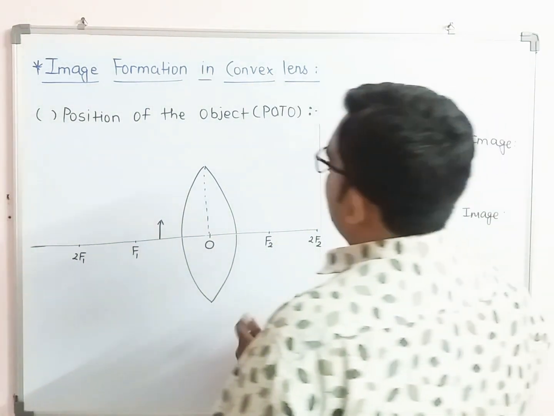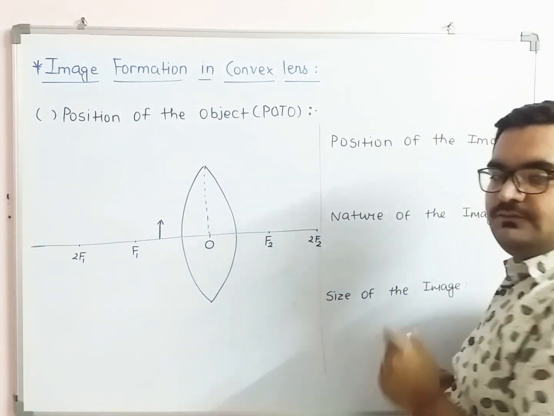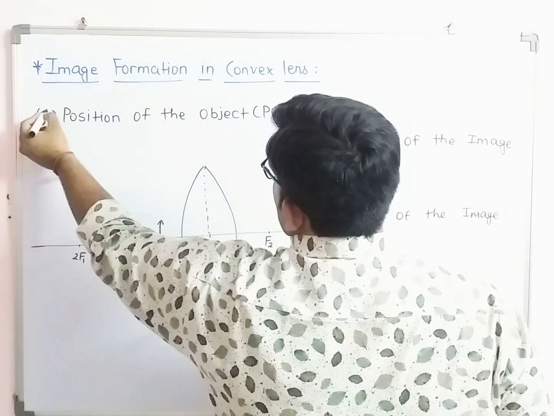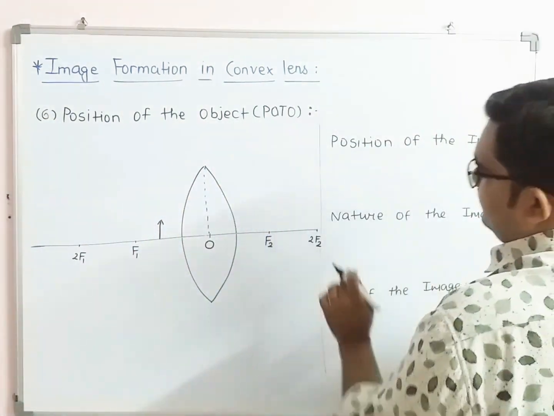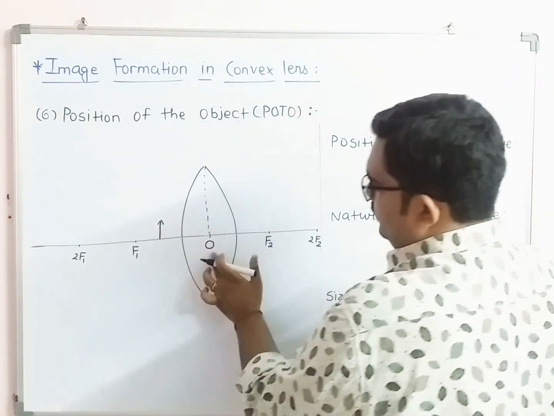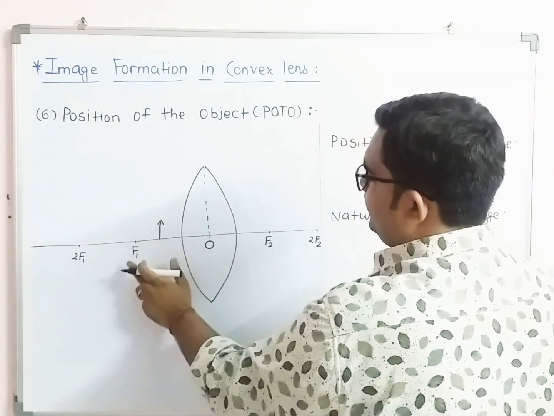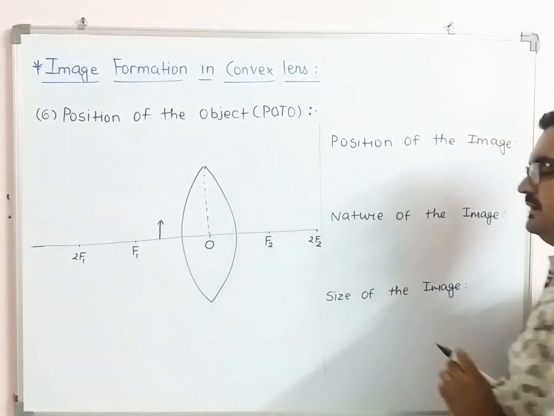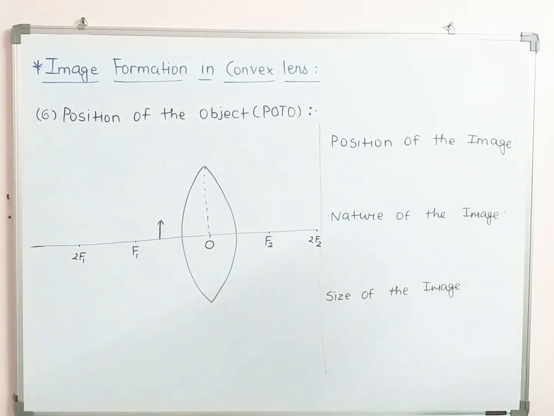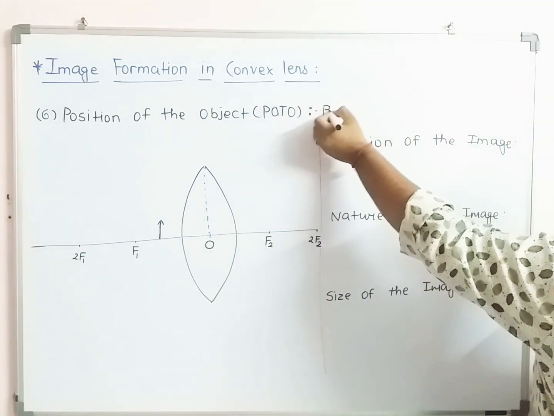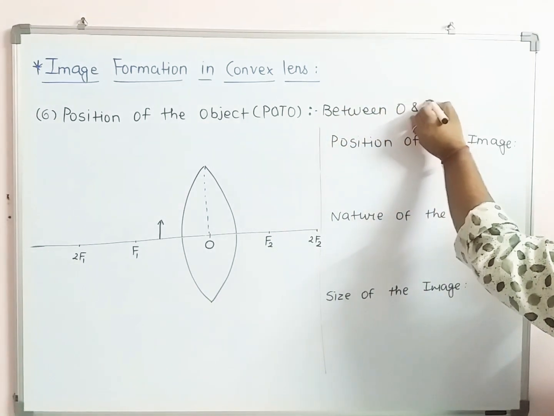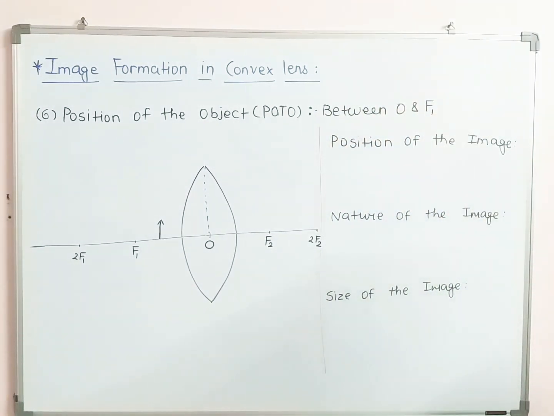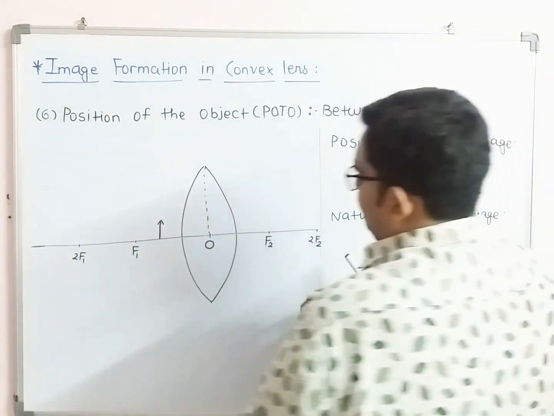Now our last case of the convex lens, and it is the sixth one. So the position of the object is between optical center O and principal focus F1. So here we can write between O and F1. Now again I take two rays.